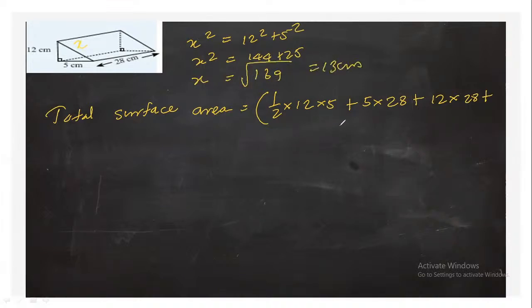And 13 into 28. 6 times 5, 30, plus 5 times 28, that is 140.